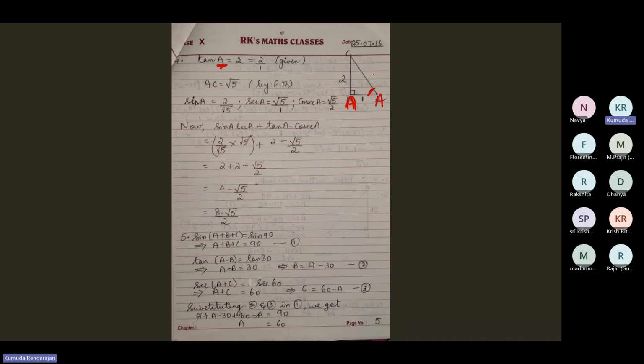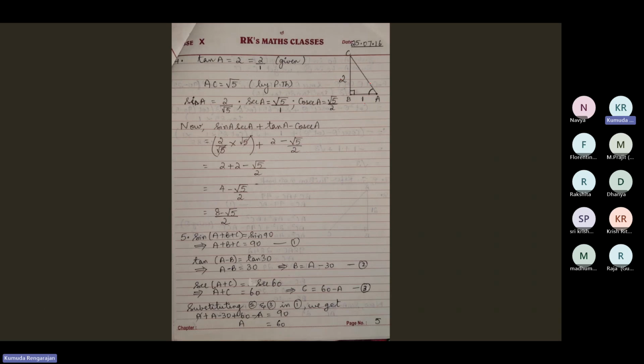A has to be here or here, one of the two acute angles. So I've marked it here. Tan A, meaning tan of this angle, opposite by adjacent. Opposite is 2, adjacent is 1, so 2 by 1. This is the opposite, this is the adjacent.